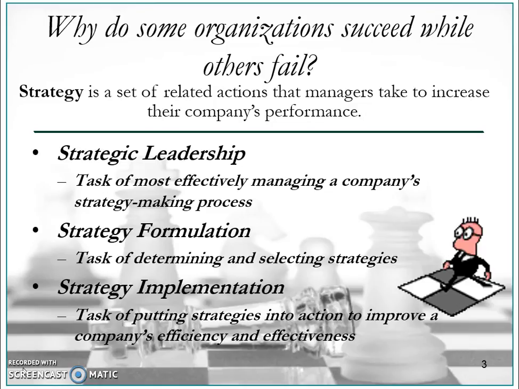There are three major components when we talk about the overall strategy of an organization. The first among them is the leadership of the organization, which basically talks about the task of most effectively managing a company's strategy making process. The second aspect is strategy formulation, which basically deals with the task of determining and selecting strategies.